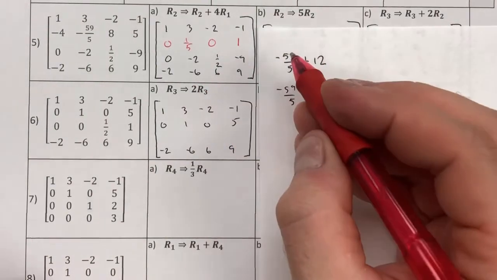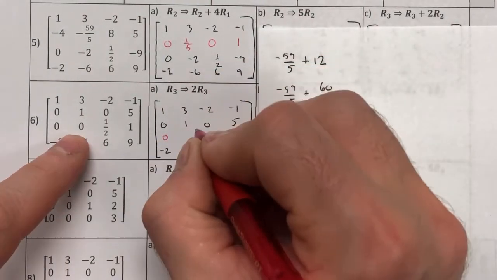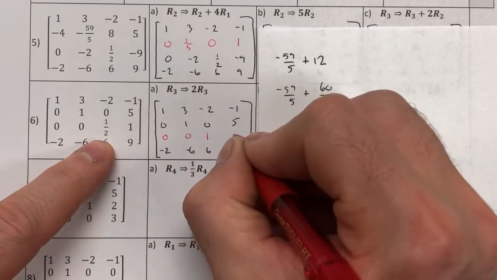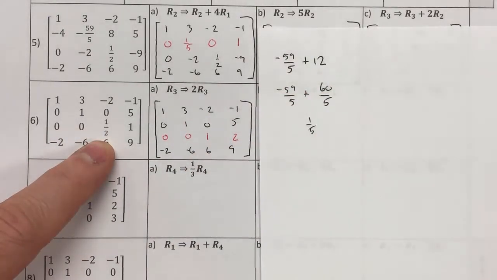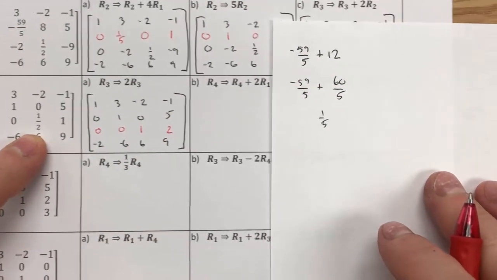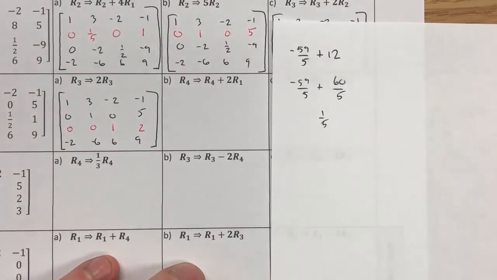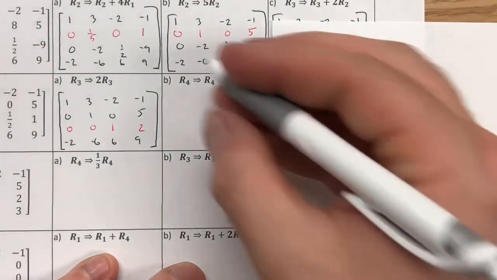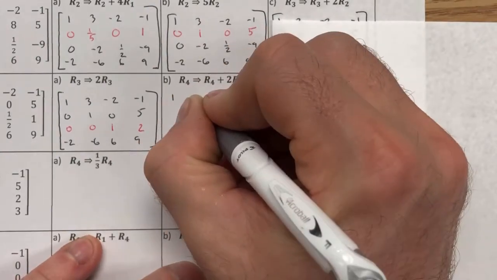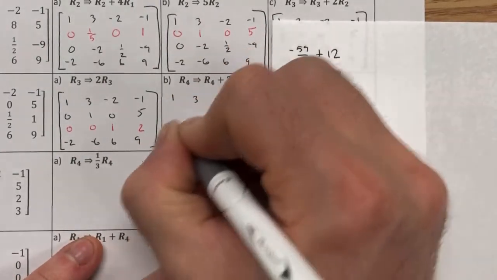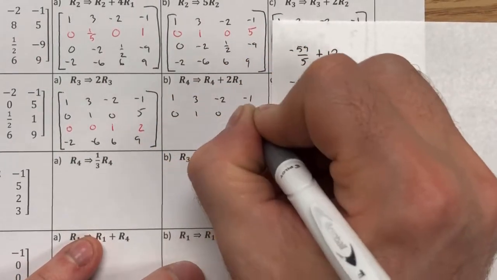Row 3, I'm just going to double it: 0, 0, 1, 2. Moving on. I'm going to modify row 4 this time. So I'm going to copy down rows 1, 2, and 3.